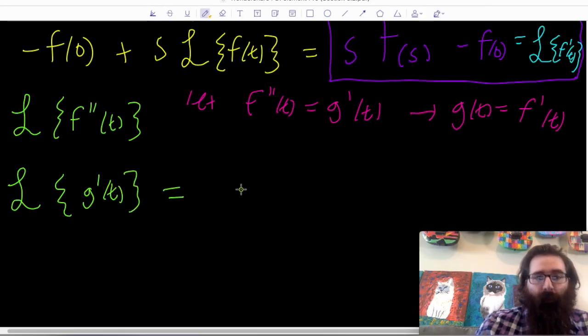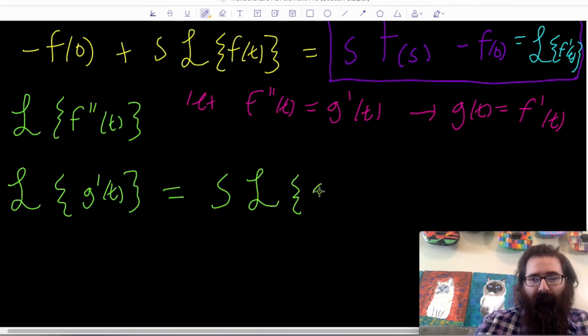And what is this? Well, by definition, this is going to be s times, instead of using this big F at s notation, the Laplace transformation applied on g at t. So I won't quite make the connection to big F yet, but I'll go back to the definition of it. So this would be g at t.